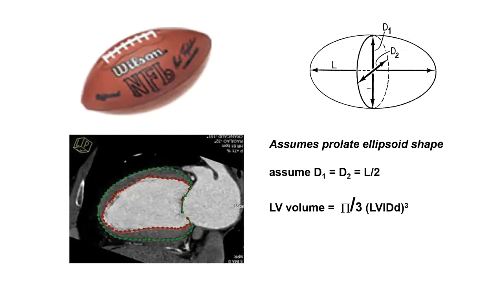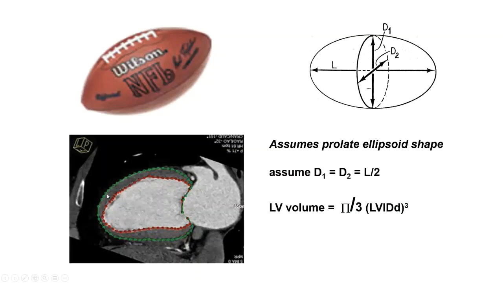And I mentioned this in the chamber quantitation lecture that a quick and dirty way of arriving at a left ventricular volume from a single linear dimension was to cube the linear dimension, assuming that the shape of the heart was that of a prolate ellipsoid. So how do we get left ventricular mass out of this?